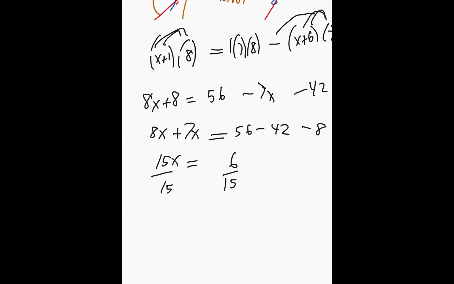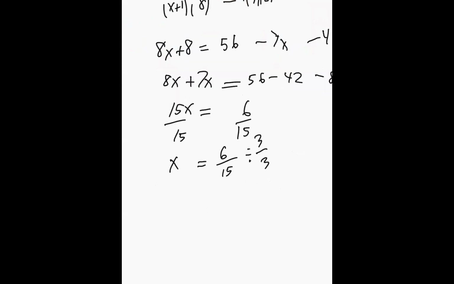Now you need to reduce the 6 over 15. What number can you divide that by that's in common to the top and the bottom? 3. So you would get x equals 2 over 5. So x equals 2 over 5, and that's the answer. Sweet.